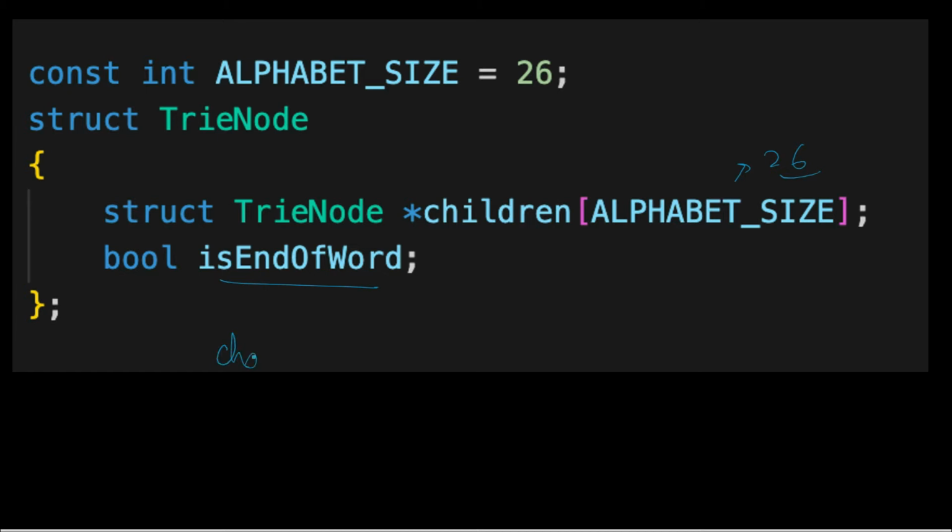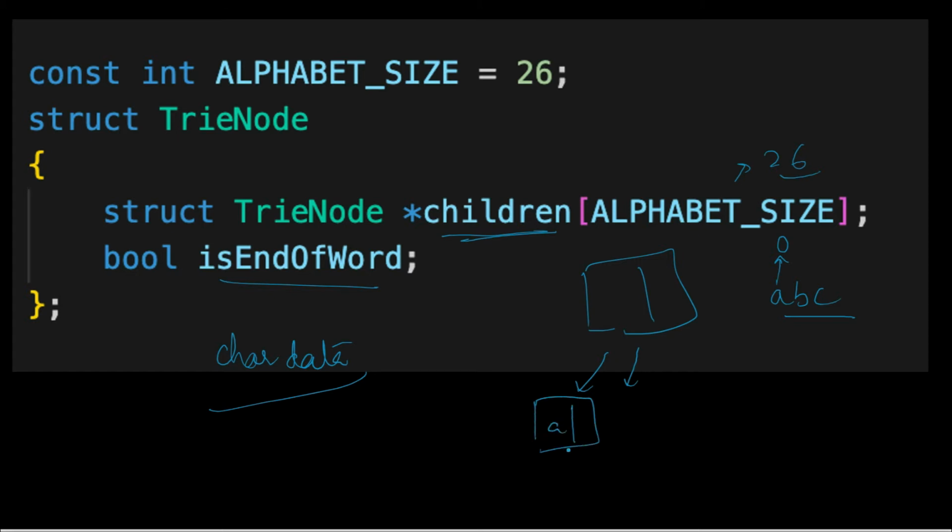We are not taking char data in this trie node because we check if a node exists at that index of the trie node, then that character exists. What I want to say is, if we want to insert ABC, so A: if a node is present at the 0th index of this trie node's children, then that A is present, so we do not need to keep character data. Similarly, if a node is present at the 1st index, the B index, then B is present in this trie. It's the same thing.